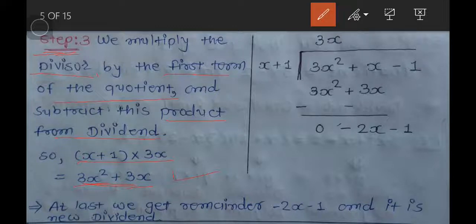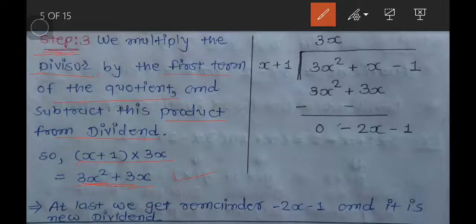So now look at our right side. Here we put it in our division algorithm. Here we have multiplied 3x into our divisor, and we get 3x square plus 3x. So our first term of quotient we have put in the quotient, and now we subtract 3x square plus 3x from our dividend.